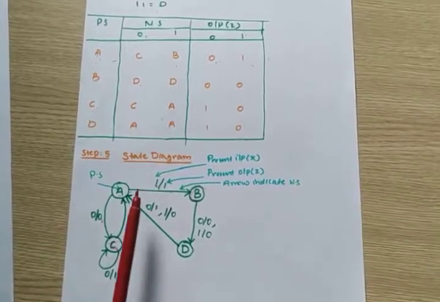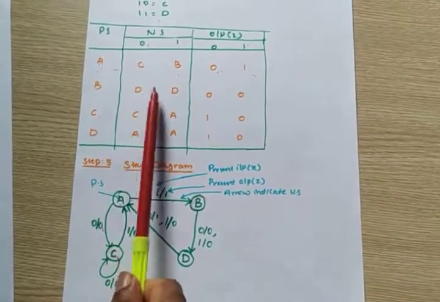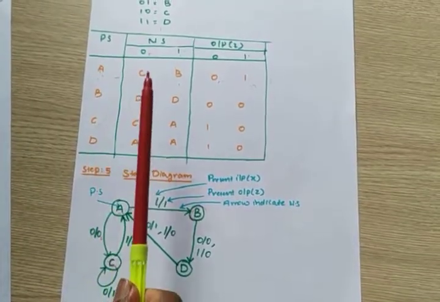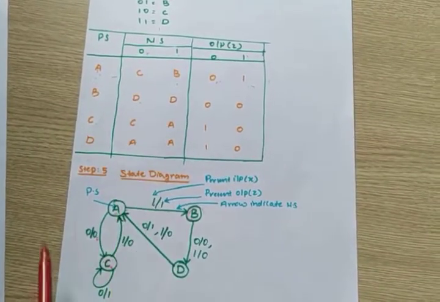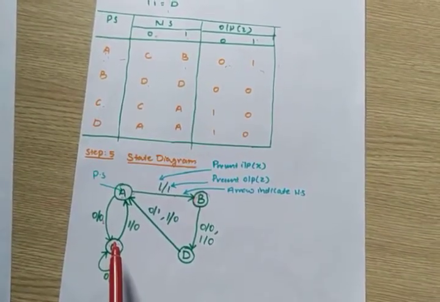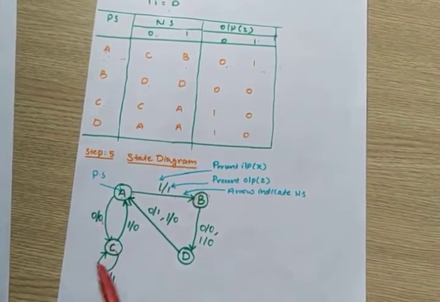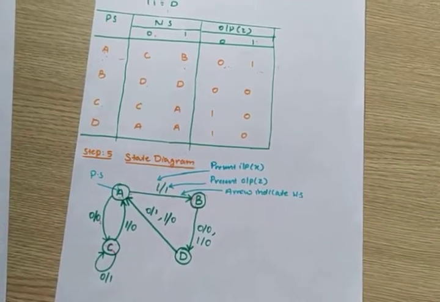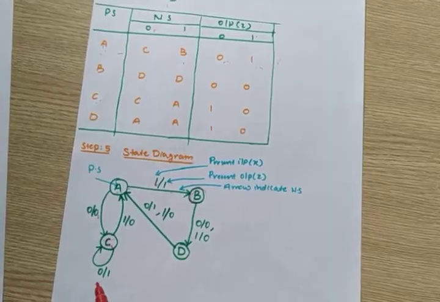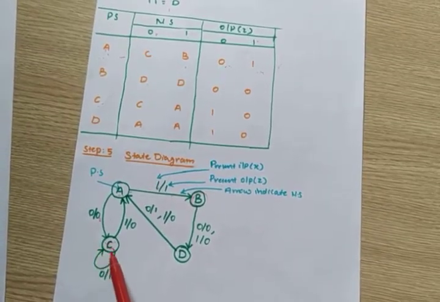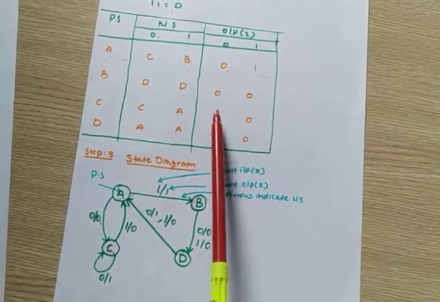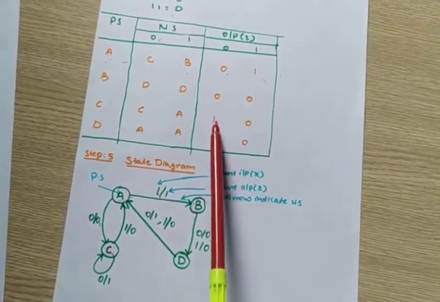Now these two rows I wrote. Now state C. For state C, 0 input, next state is C only. So it is a self loop. And what is the output? For C, 0 input, output is 1.